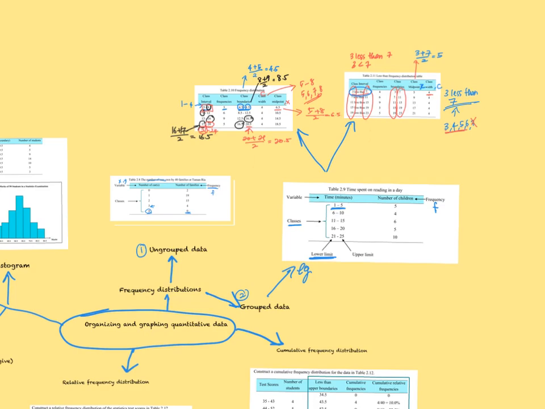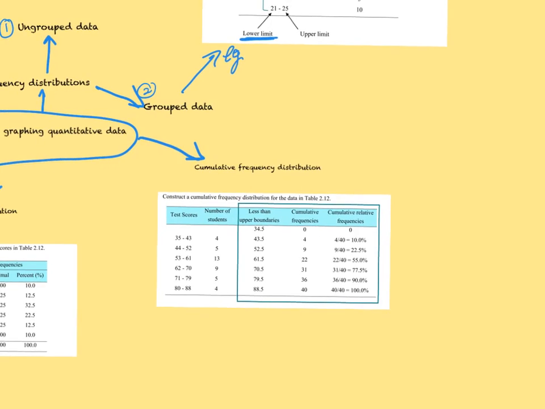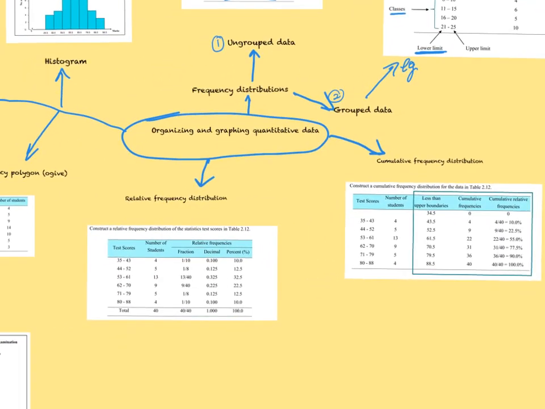So the next part, we are going to discuss the cumulative frequency distribution and relative frequency distribution. Okay, let's discuss the relative one first. For relative frequency distribution, the question usually is going to ask you to construct a relative frequency distribution, and the first two columns are actually given, and then the fraction, decimal, and percentage columns you need to calculate.